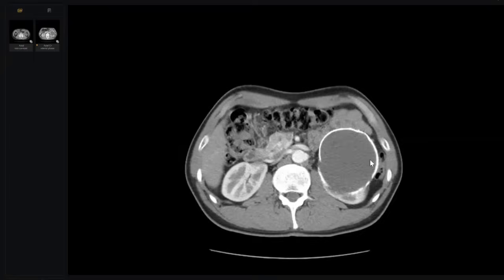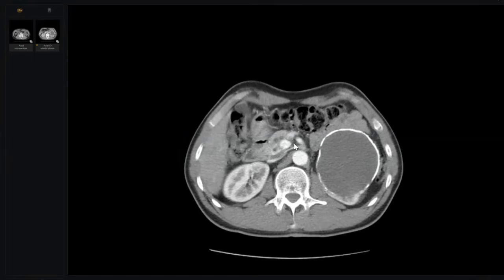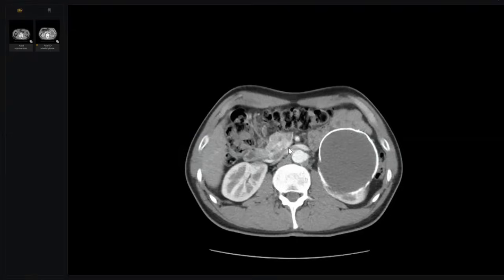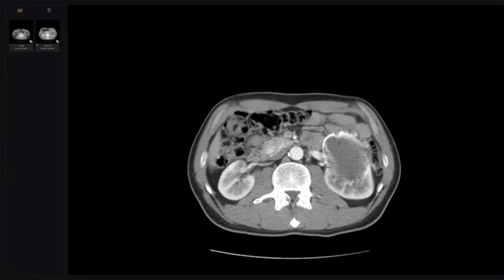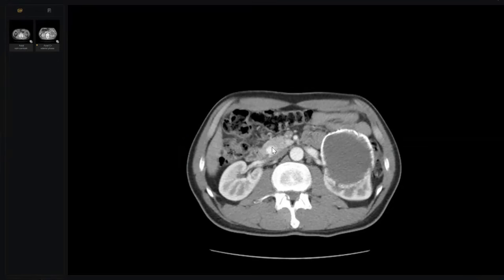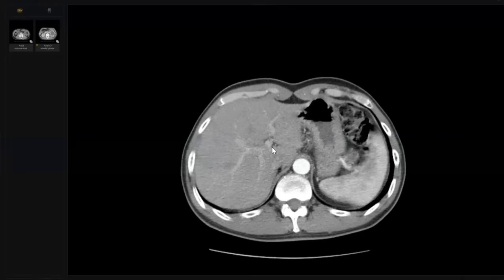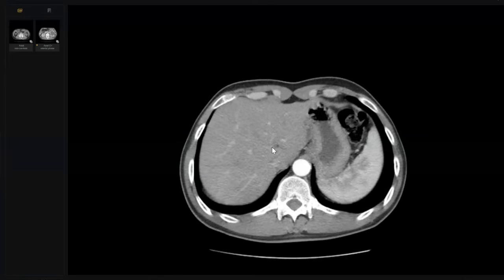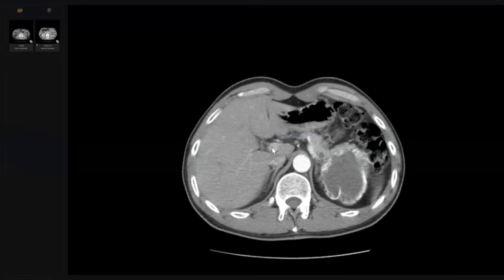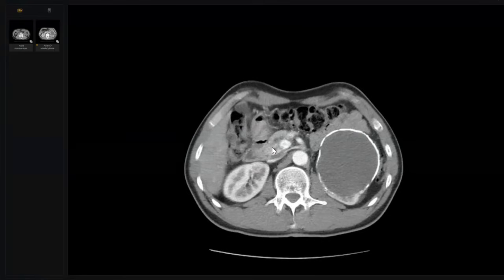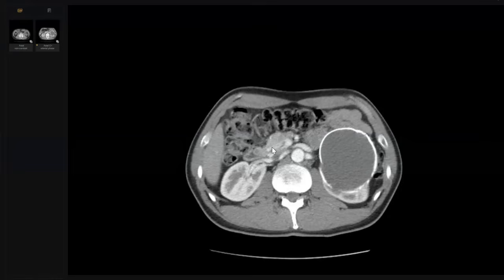Look here. I think this nodule is more obvious in the CT than in MRI, because the spatial resolution of the CT is higher. What is meant by spatial resolution? The ability to show you the details. So don't shift from modality to modality before picking up most or all of the findings.